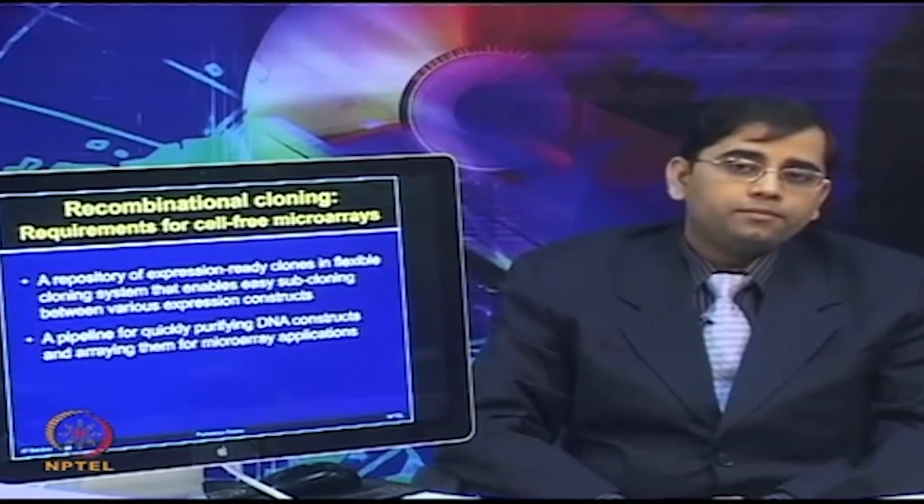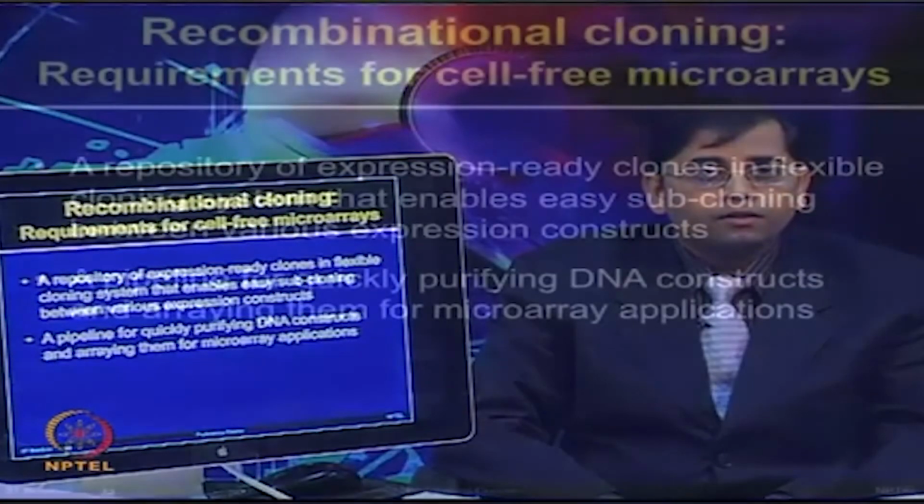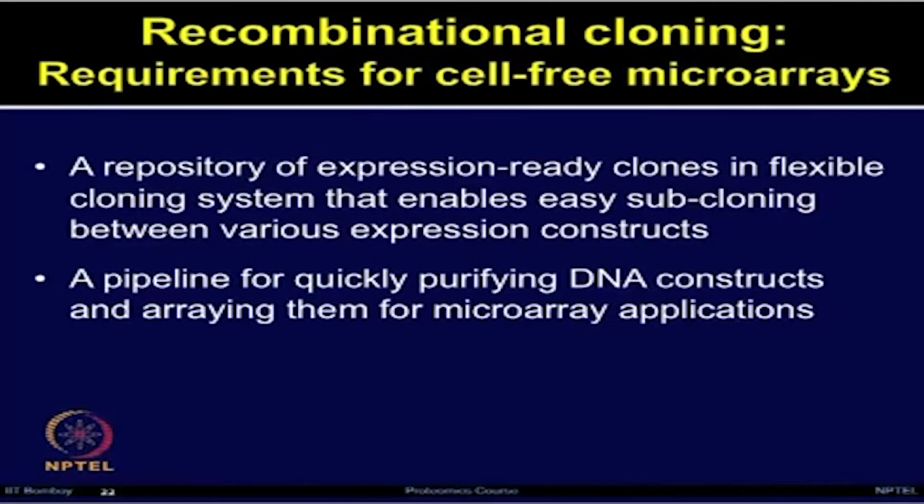After recombinational cloning, let us talk about the requirements for cell-free microarrays. Once you have done the recombinational cloning and obtained several master clones, the repository of expression ready clones in the flexible cloning system enables easy subcloning between various expression constructs. So, a pipeline for quickly purifying the DNA constructs and arraying them for microarray applications can be generated after the recombinational cloning is performed.